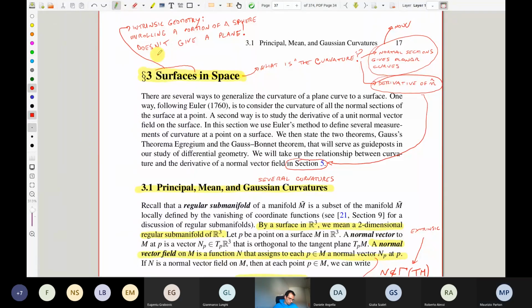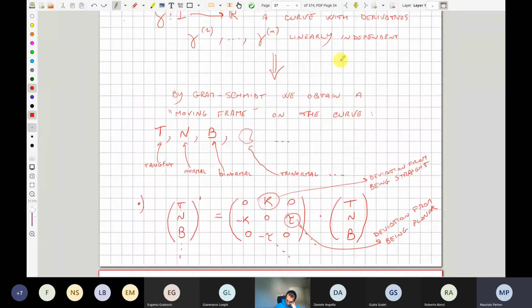But first, an introduction. Again, the question is, what is the curvature? For the moment, for the curve, we have the answer. For a curve, there are several curvatures; I didn't tell you this, but the next one is called torsion, actually, and it is a curvature of second order, and so on.